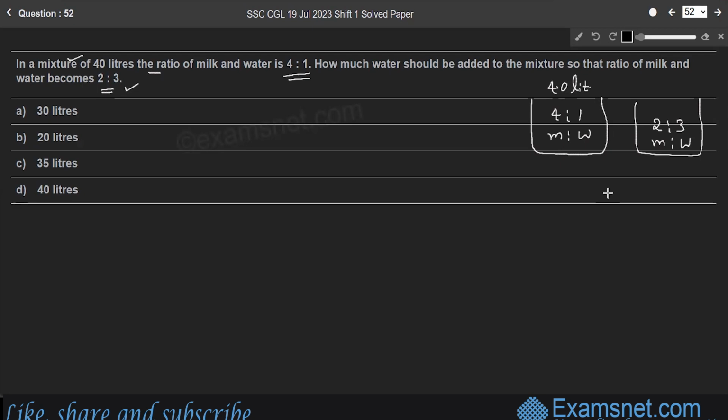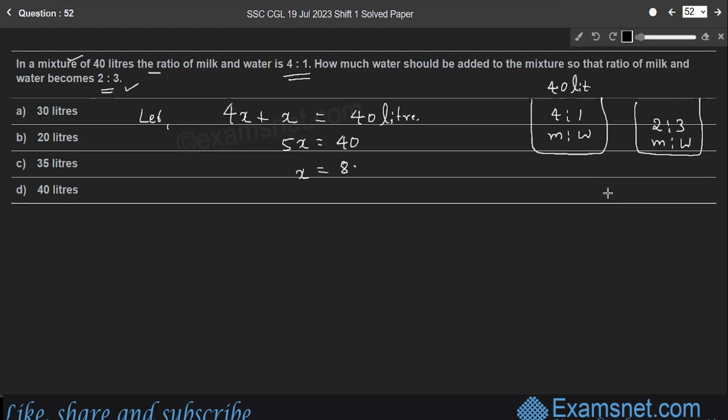So before going to the final ratio, let us find the initial quantity of water and milk in the initial mixture, right? So let 4x plus x, from the ratio, milk to water ratio is 4:1. Therefore 4x plus x is 40 liters, right? Therefore 5x is 40, x is equal to 8.